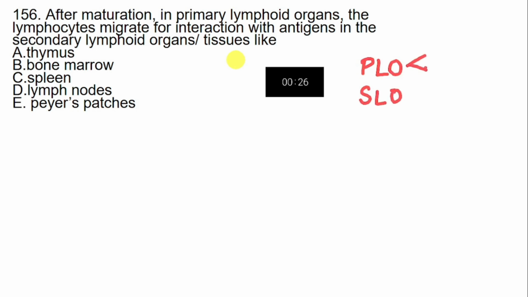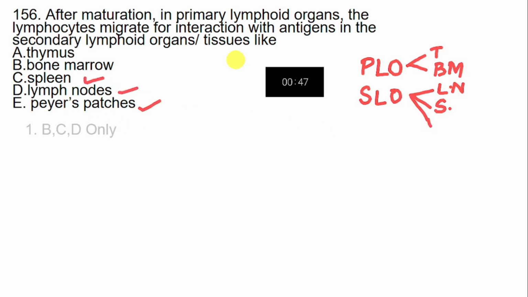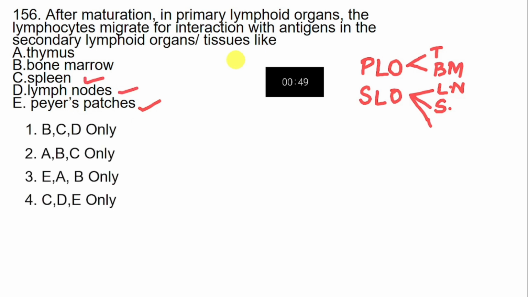Primary are thymus and bone marrow. The rest are lymph nodes, spleen, and mucosa associated lymphoid tissue, for example Peyer's patches. So the secondary lymphoid organs are spleen, lymph node and Peyer's patches, C, D and E. Option 4 is the right answer.